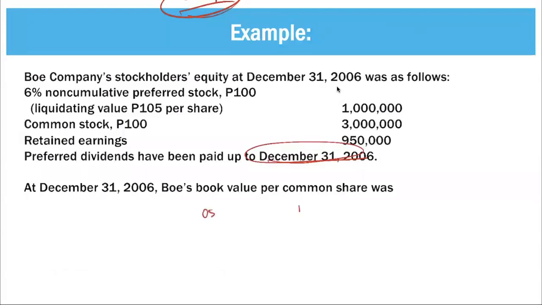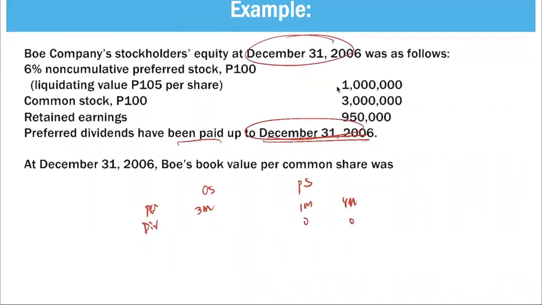So OS, PS, the par, 1 million and 3 million. And then after that, we need to give the liquidating value. So the dividend is zero. Sir, why is the dividend zero? Because it was already paid up to December 31 and we are computing as of December 31.